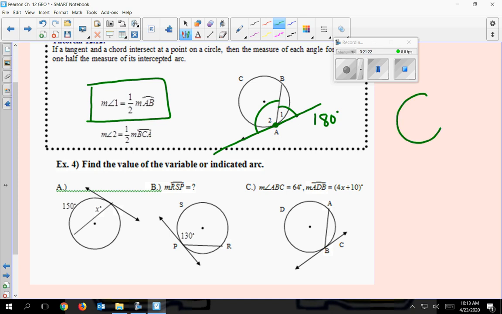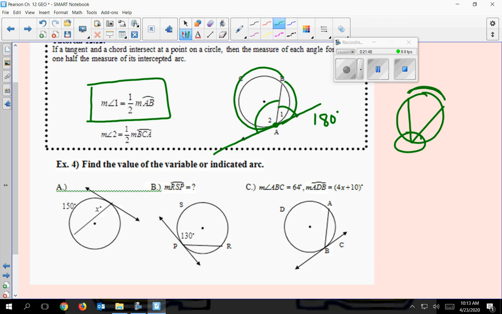I'll do it off to the side just so you can have context here. Remember, we dealt with that where the vertex is right here, and we really did intercept an arc, okay? This is the same thing, it's just a little bit different, okay? So I still am intercepting an arc. I'm intercepting the circle arc AB, and I'm intercepting a bigger arc.